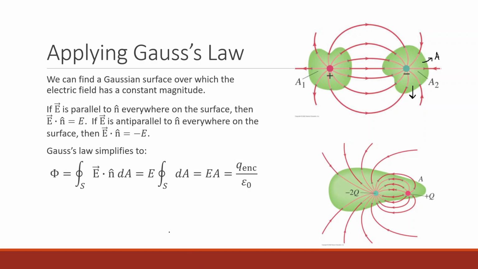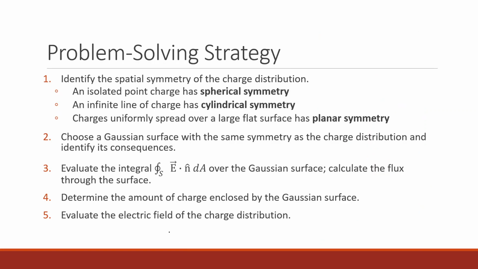All right, so let's move on to a problem-solving strategy. There are about 5 steps, give or take, and the first thing is to identify spatial symmetry of the charge distribution. So for example, an isolated point charge has spherical symmetry.